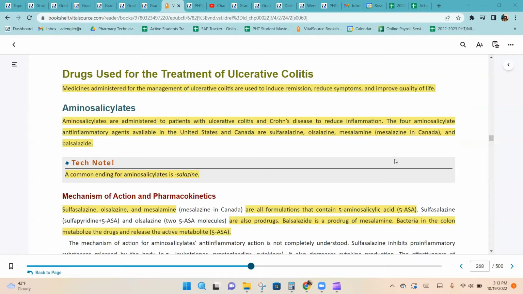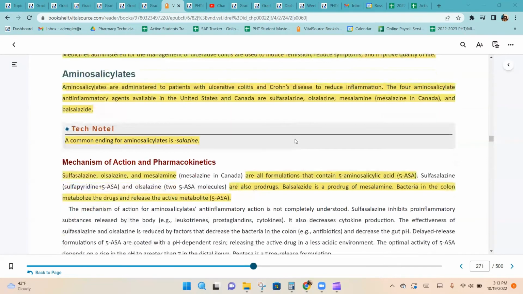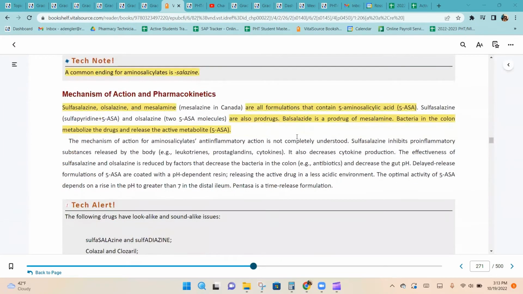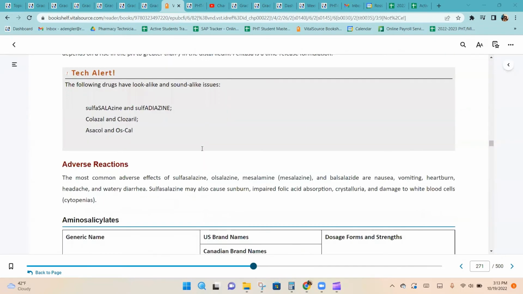Sulfasalazine, olsalazine, and mesalamine are all formulations that contain 5-aminosalicylic acid. Sulfasalazine and olsalazine are also prodrugs. Balsalazide is a prodrug of mesalamine. Bacteria in the colon metabolize the drugs and release the active metabolites.